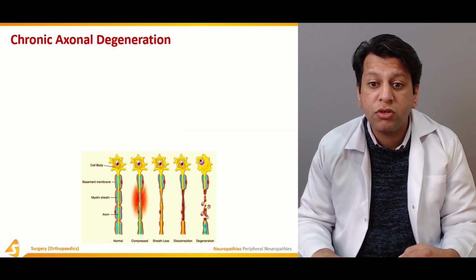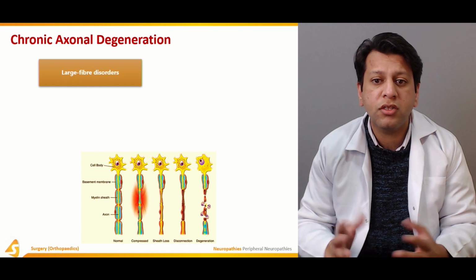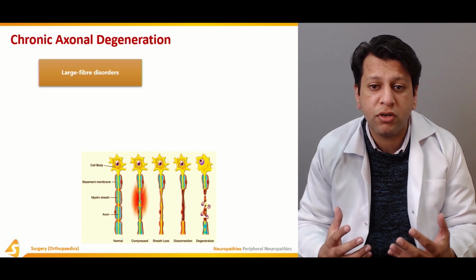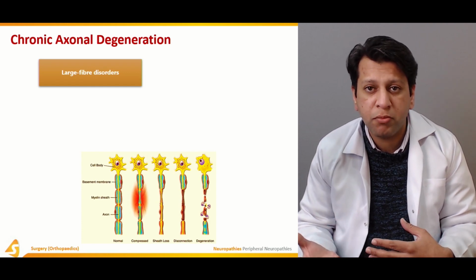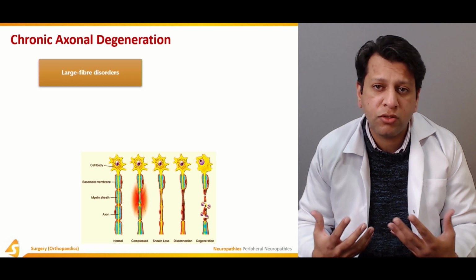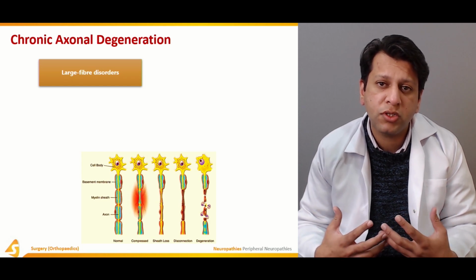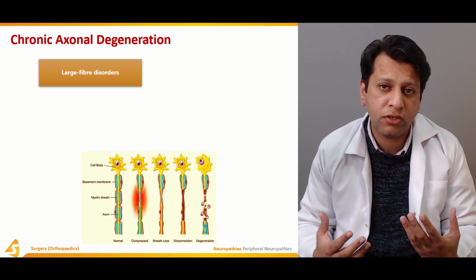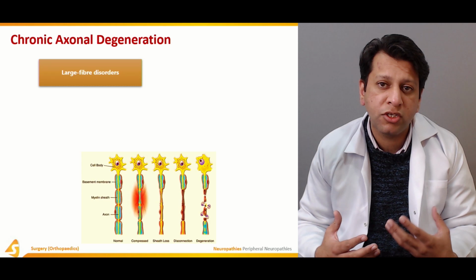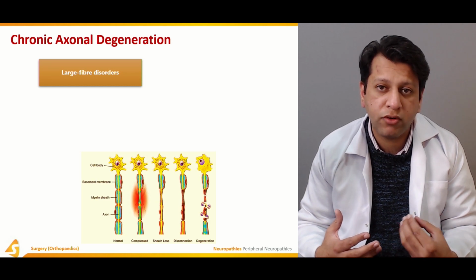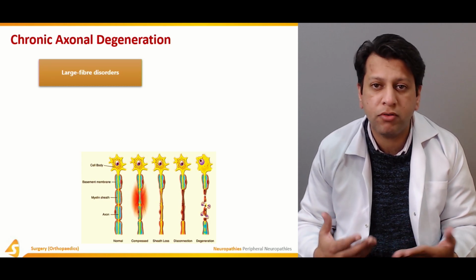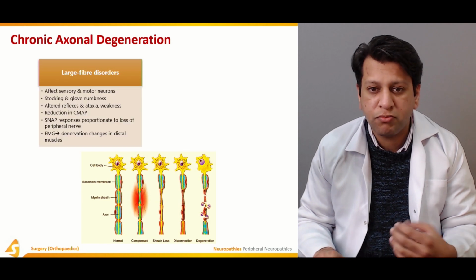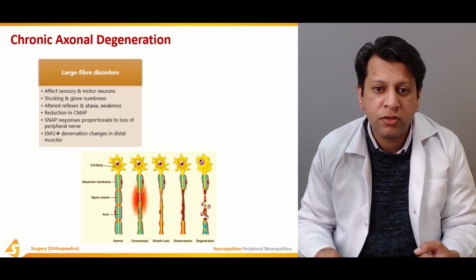Coming to chronic axonal degeneration, usually this happens with large fiber disorders. There could also be small fiber disorders. Those large fibers are not only increased in diameter, but they are large conducting fibers, especially alpha fibers, which conduct at a high speed, especially involving different reflexes. So they affect the sensory and motor neurons.